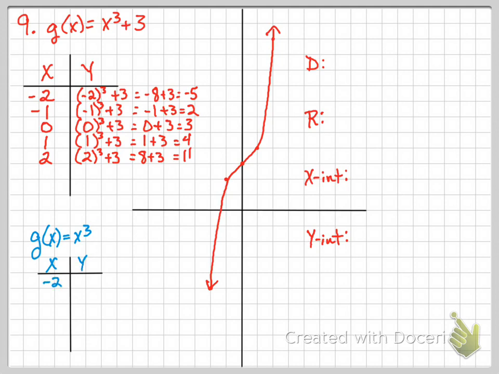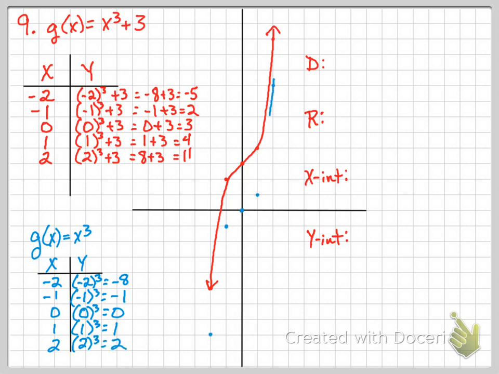Okay, so we have x values of -2, -1, 0, 1, and 2. When I have -2 cubed, that gives me -8. -1 cubed gives me -1. 0 cubed gives me 0. 1 cubed gives me +1. And +2 cubed gives me +8.